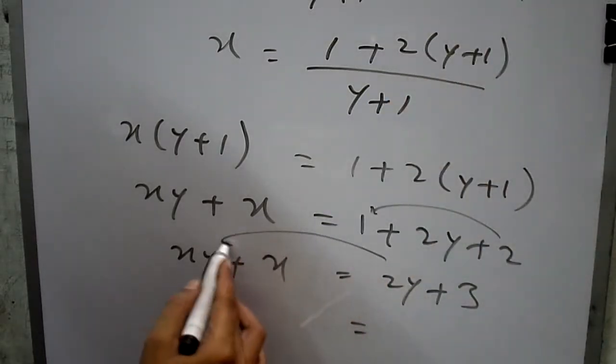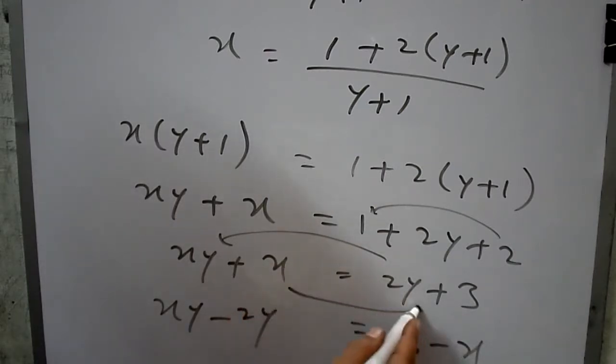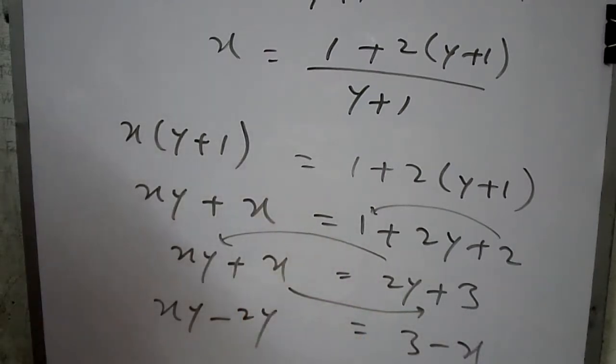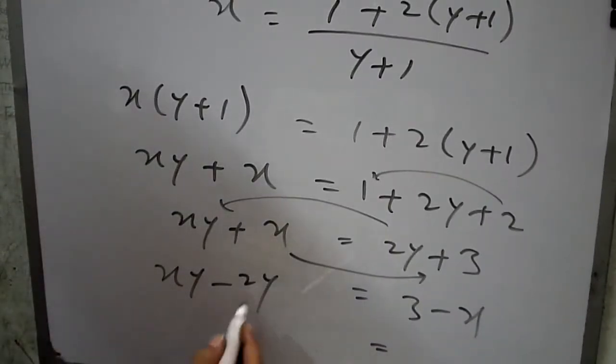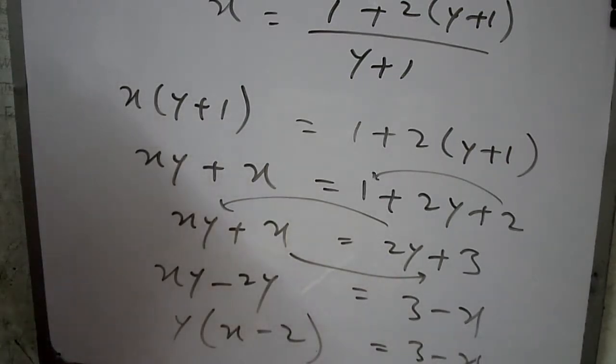So y will be shifted to one side. So xy minus 2y. Here 3 minus x. So this x will be shifted to the other side. So you will get y as a common. So you will get x minus 2. 3 minus x. So you need the value of y because you have to make y as a subject.